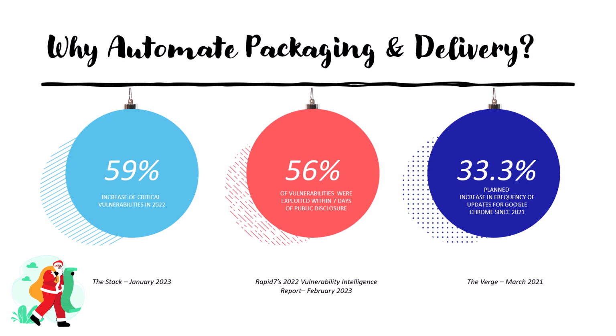I researched some numbers that I thought are interesting to highlight the rapidly changing landscape of application patching. That includes an increase in the number of critical vulnerabilities in 2022, with the number of critical vulnerabilities up 59% according to research by The Stack.